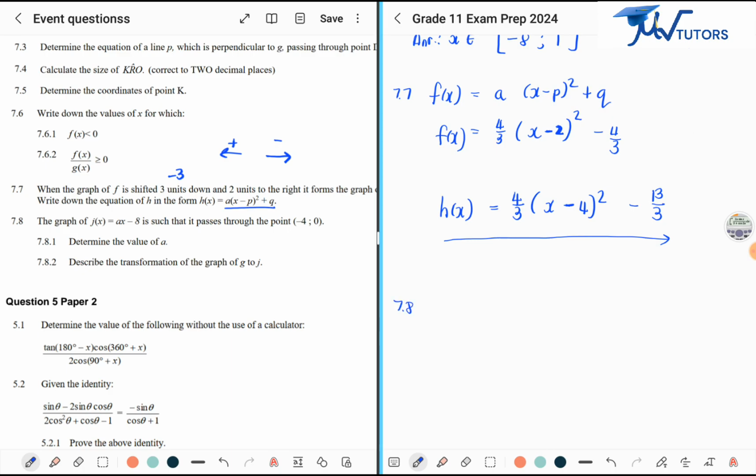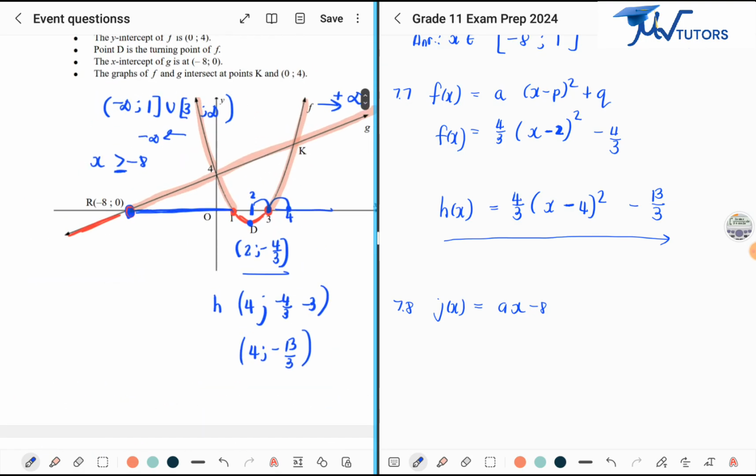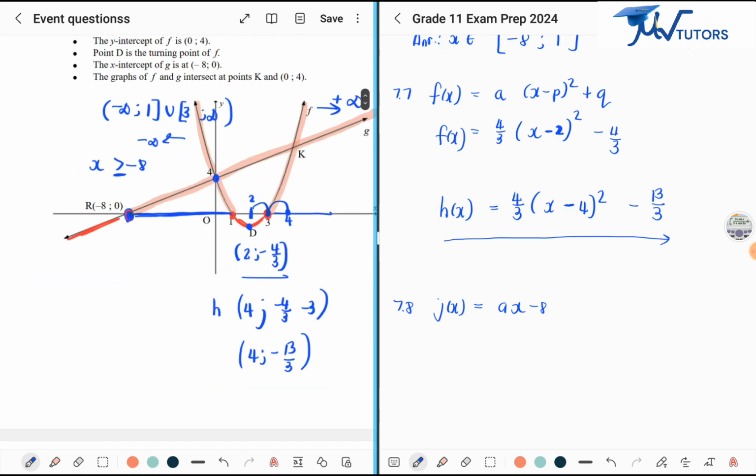Okay, 7.8. The graph of J. Okay, so the graph of J is ax minus 8, such that it passes through point negative 4, 0.